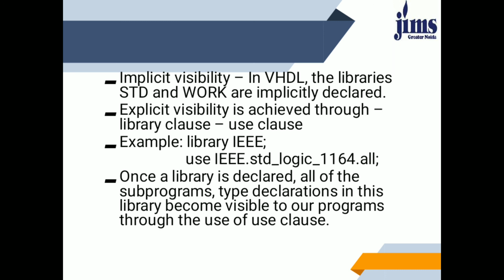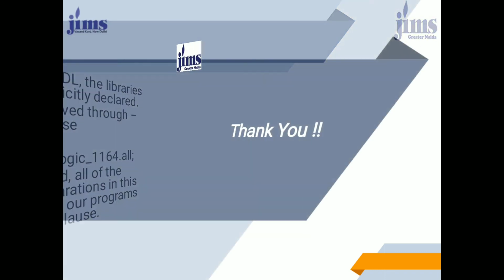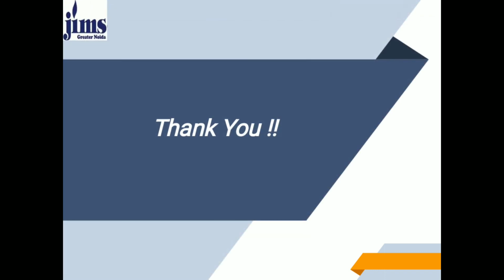In VHDL, libraries std and work are implicitly declared, and explicit visibility is achieved through the library clause, like the use clause. Example, library IEEE use IEEE dot std underscore logic underscore 1164 dot all. So once a library is declared, all of the subprograms and type declarations in this library become visible to our program through the use clause. So this way we can define the library.